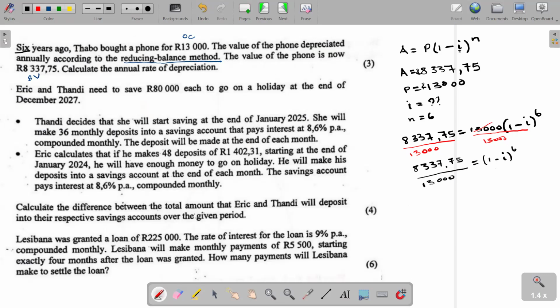So we are now going to take the 6th root on both sides.